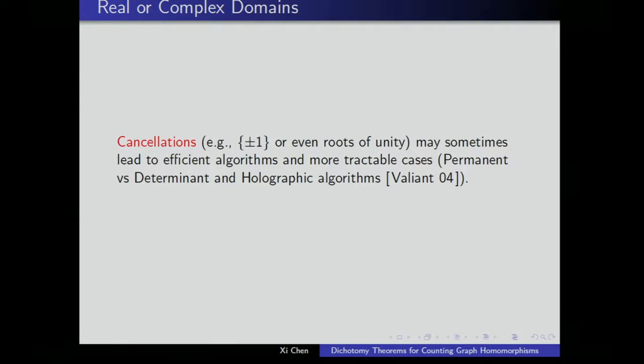So in general, cancellations give you more tractable cases, as we'll see in a few slides. This somehow makes the proof of a dichotomy more difficult, because intuitively the boundary between the tractable and intractable cases becomes more complicated, and it becomes more difficult to figure out where exactly it becomes tractable.